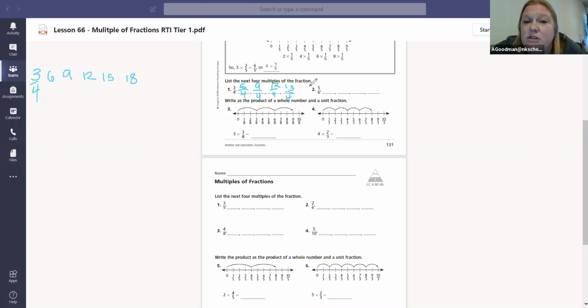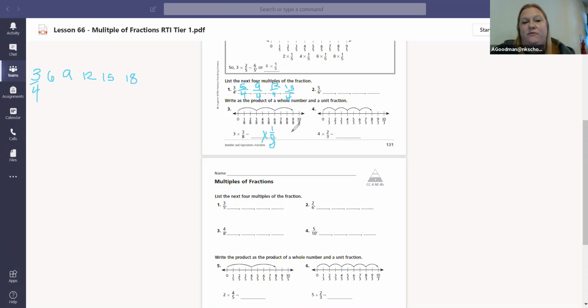I think you can figure out number 2, right? Write it as the product of a whole number and a unit fraction. So 3 times 3/8 is the same as multiplying what times 1/8, a unit fraction.